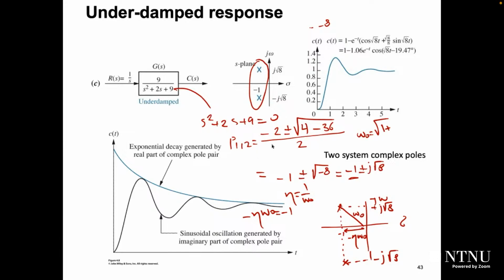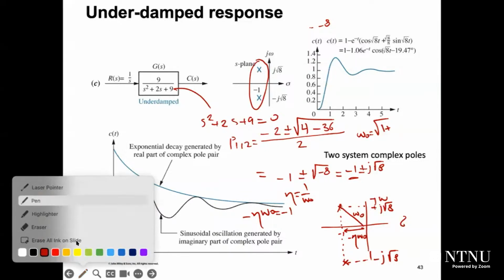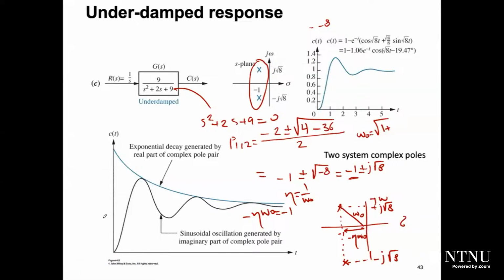Find the poles. We will use the quadratic formula one more time. If you have something like ax squared plus bx plus c equals 0, then your roots x1,2 equal minus b plus minus square root of b squared minus 4ac, divided by 2a.